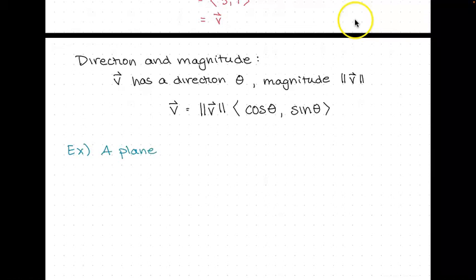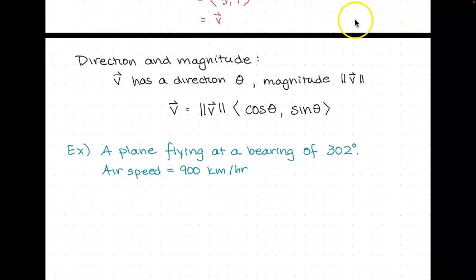So a plane, and I'll kind of shorten up the problem. A plane is flying at a bearing of 302 degrees. Airspeed is 900 kilometers per hour.